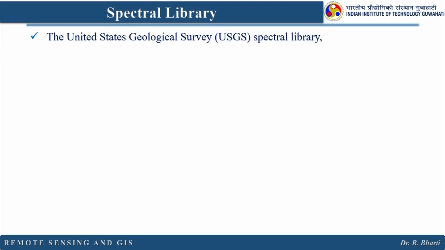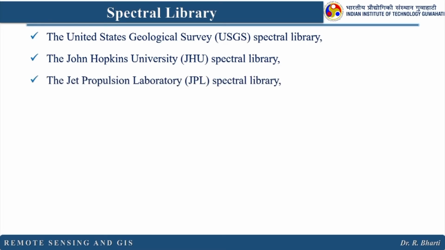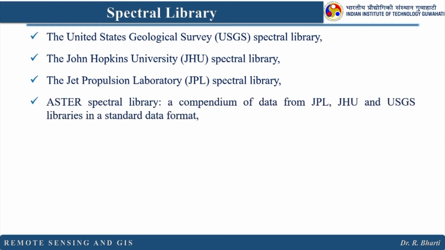The first library is from USGS, the United States Geological Survey Spectral Library. The next is JHU, that is Johns Hopkins University Spectral Library. The third one is the Jet Propulsion Laboratory, known as the JPL Spectral Library. The next is the ASTER Spectral Library, a compendium of data from the JPL, JHU and USGS libraries in a standard data format, right?